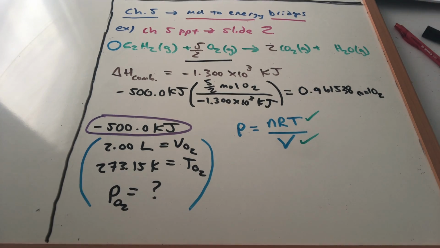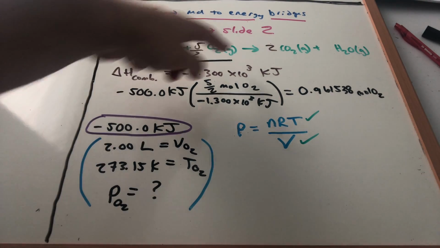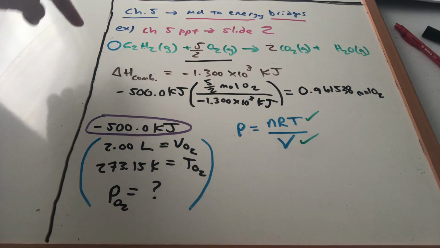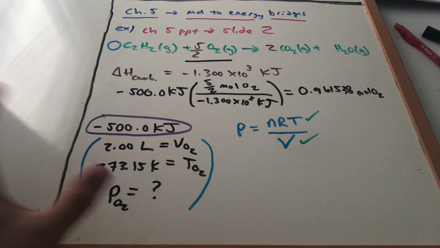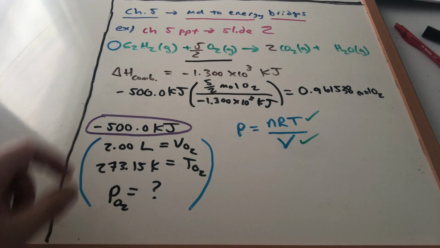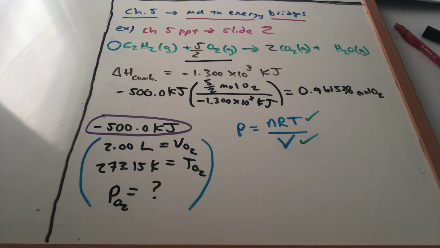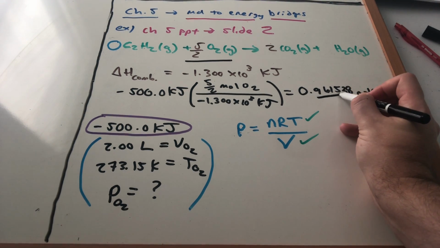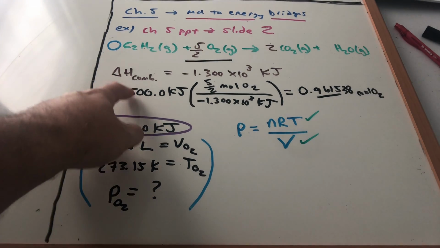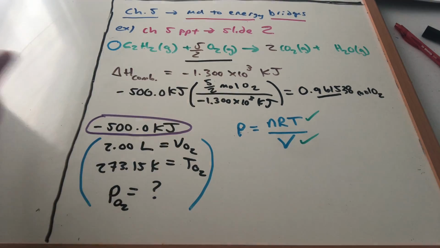Now, why am I picking O2? Remember, this delta H is the correct delta H for this whole reaction. We're asked to analyze O2, so I use that stoichiometric coefficient. Paying attention to significant figures, it looks like there would be 4 significant figures here. This is measured, both have 4 significant figures.